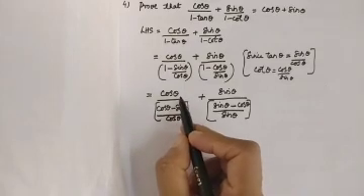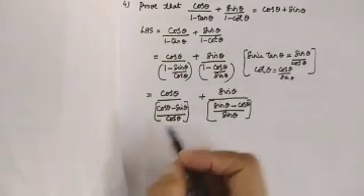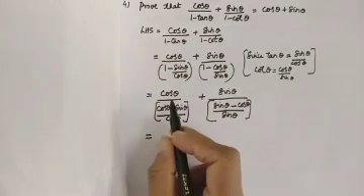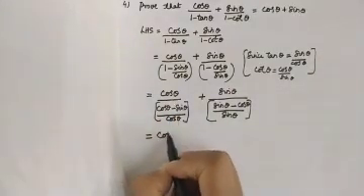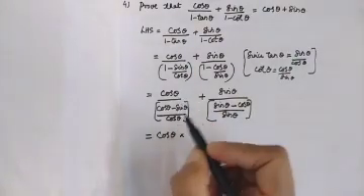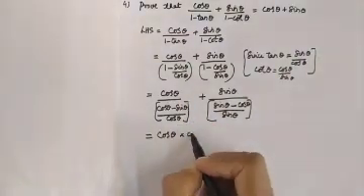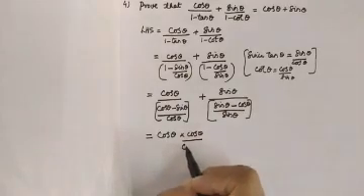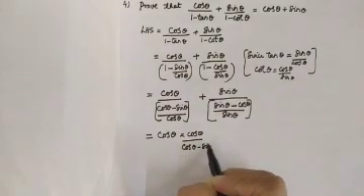Now you are dividing two fractions. First fraction is cos theta divided by, this is the second fraction. So when you divide two fractions, you will write the first fraction as it is into the reciprocal of the second fraction. Reciprocal is cos theta by cos theta minus sin theta.